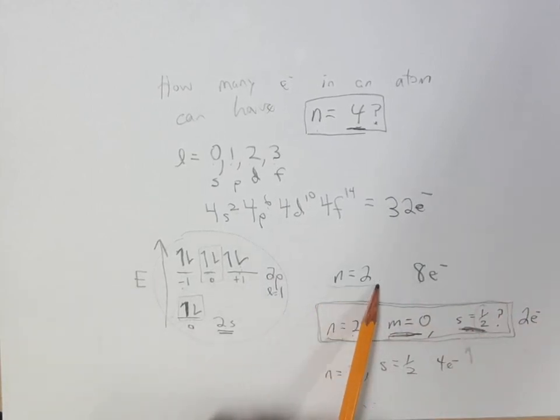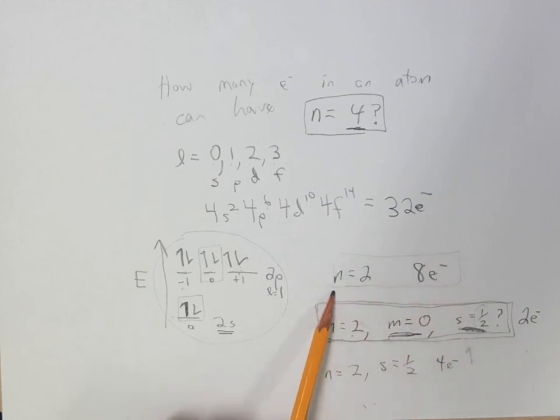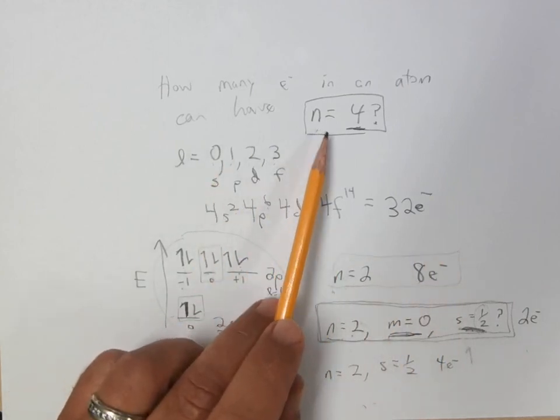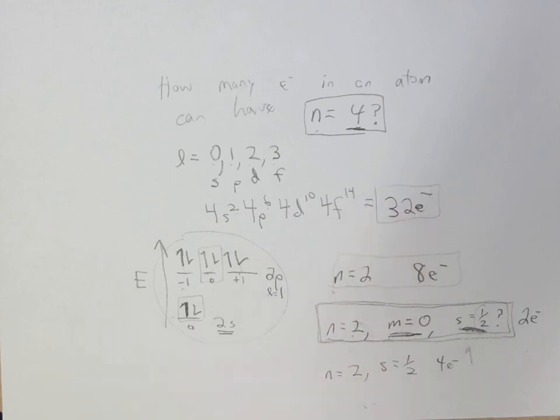The entire energy level, n equals 2, has 8 electrons. The entire energy level, n equals 4, has 32 electrons. If you put more criteria on there, you cut down on the number of electrons that meet those criteria.